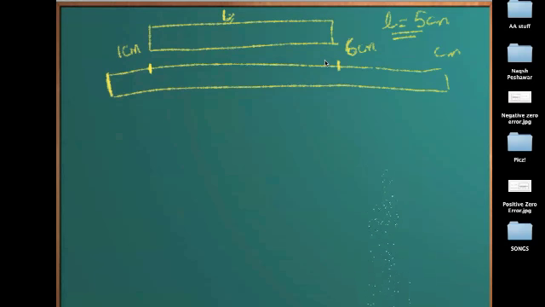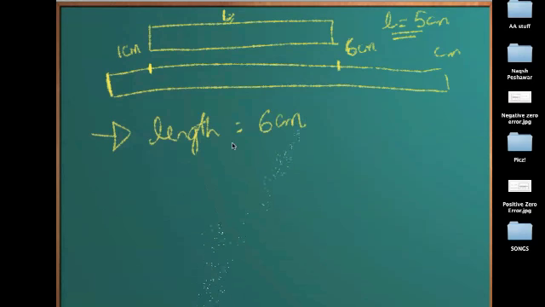Now, if I see this situation, I cannot just directly say that the length of this object is 6 centimeters. No. Why?